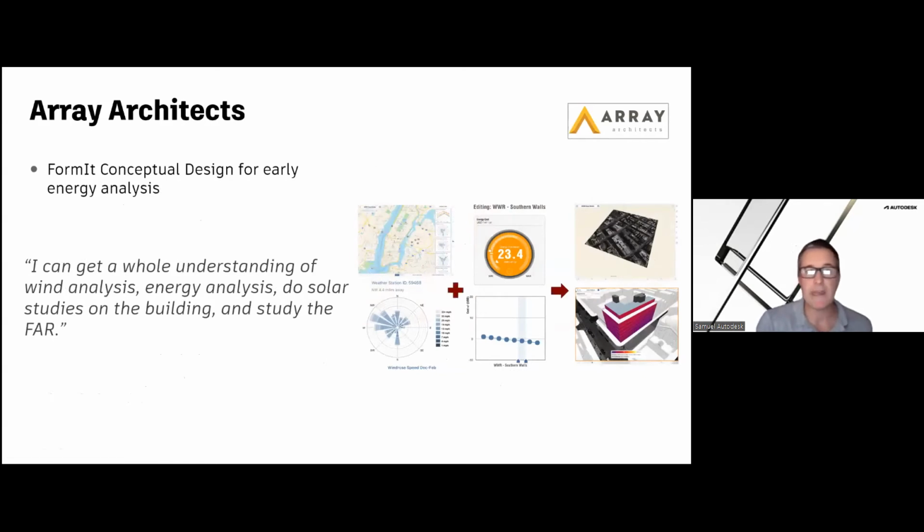The great thing here is it's conceptual design with conceptual design analysis. So when you go to set up Format, you can pick a site. It has information on that site, like the weather information, so orientation towards the sun, and also weather station information, where the winds are coming from.